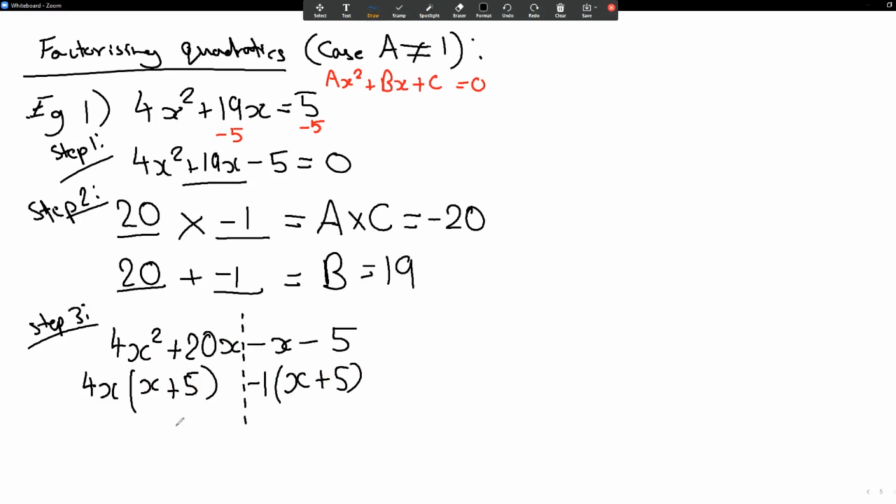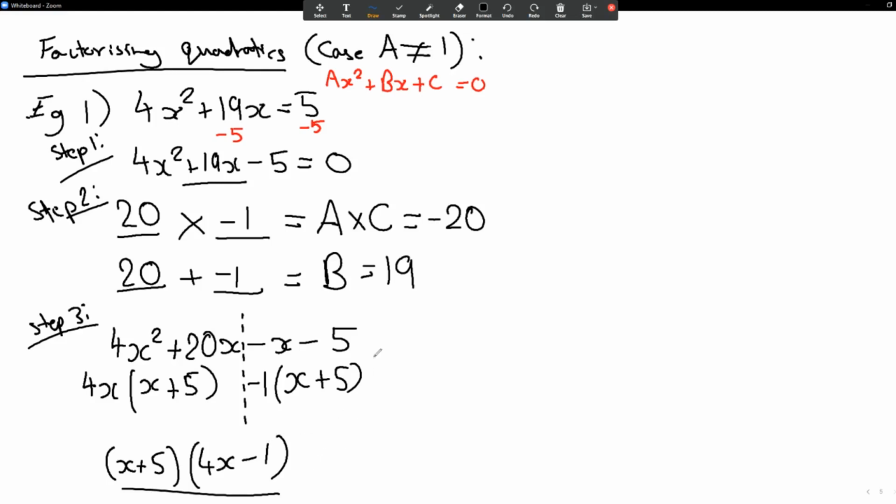Now, the two brackets that you finish with are x plus 5, the repeated bracket, and then your second bracket is the terms on the outside. So it's 4x over here, minus 1 over here, like so. So you get x plus 5 times 4x minus 1. Now, that's your final set of binomials.